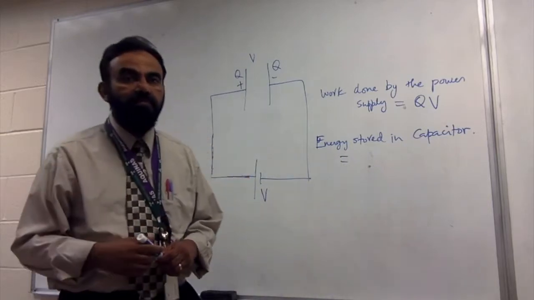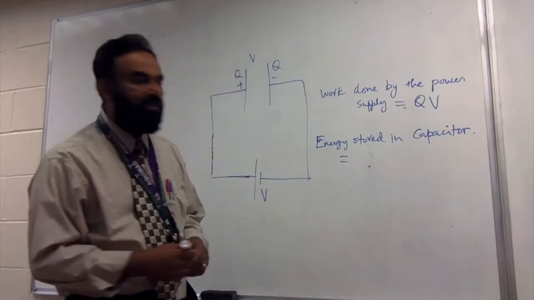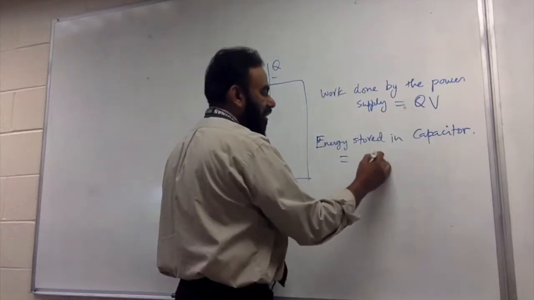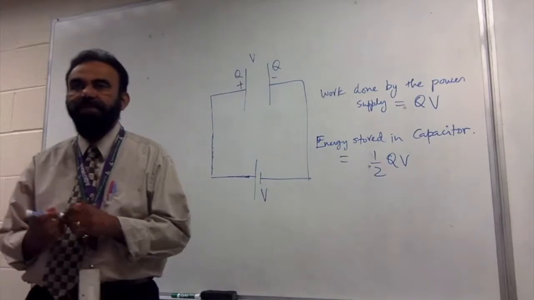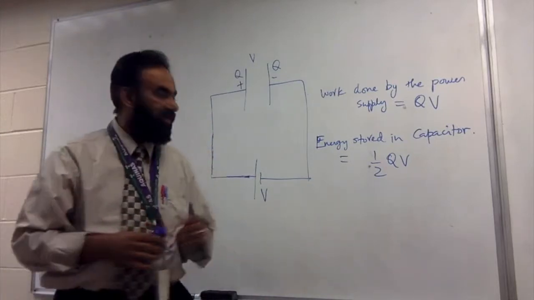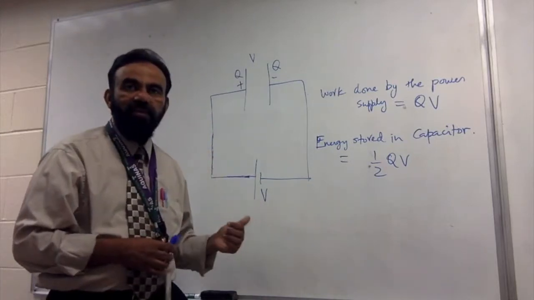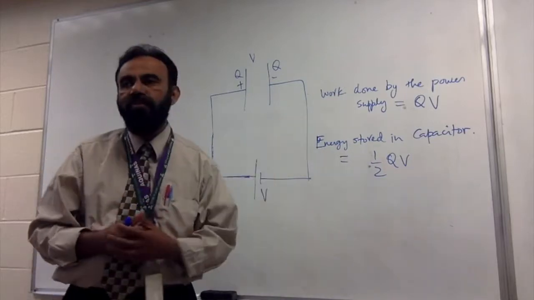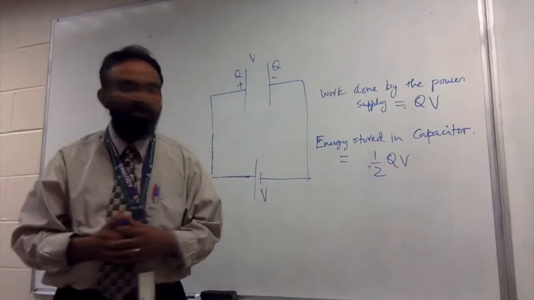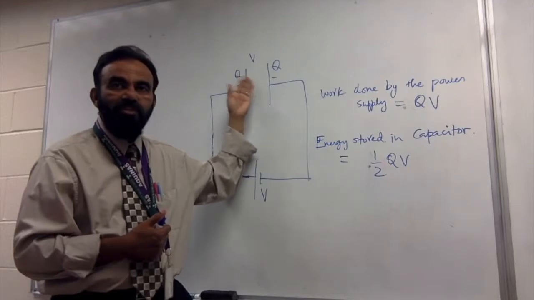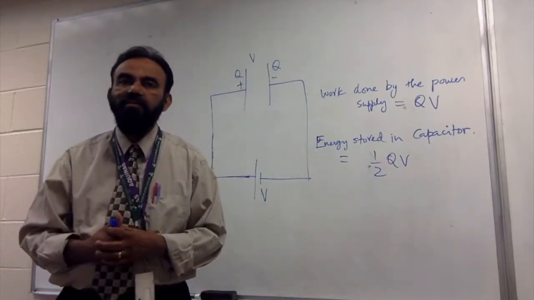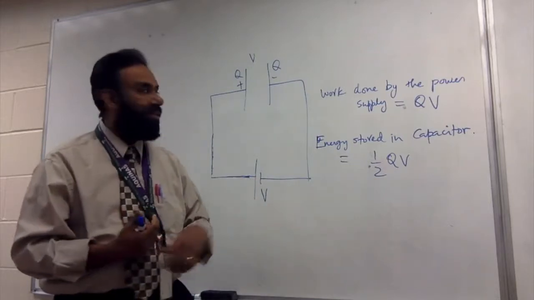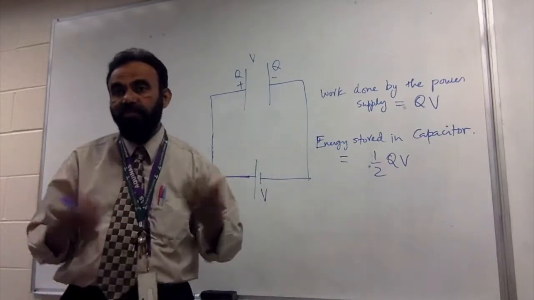Like Q squared over 2C. Which is same as what in terms of these. Half QV. That's interesting because the battery did QV amount of work, but how much got pushed into this is only half QV. So the battery did 100 joules of work, capacitor only got 50 joules of work.